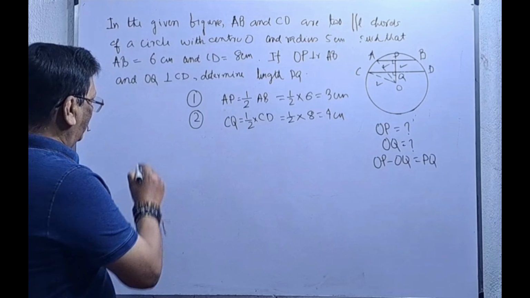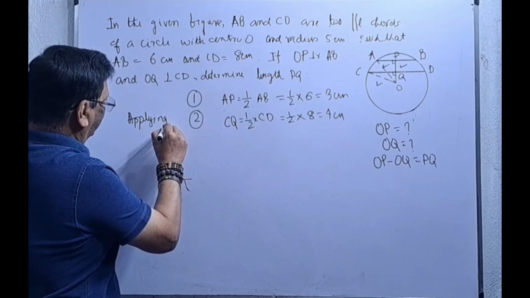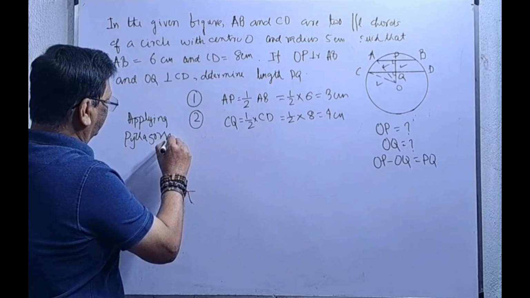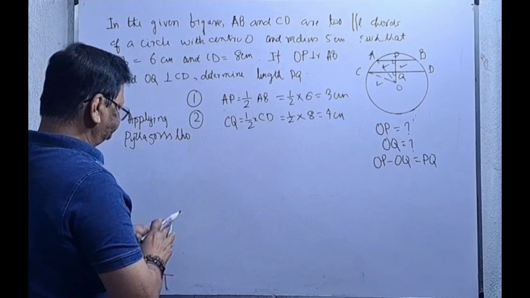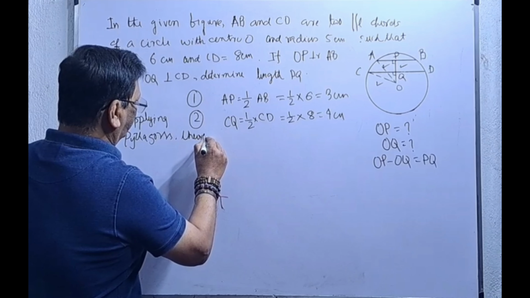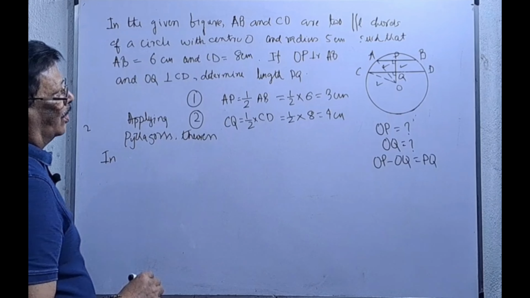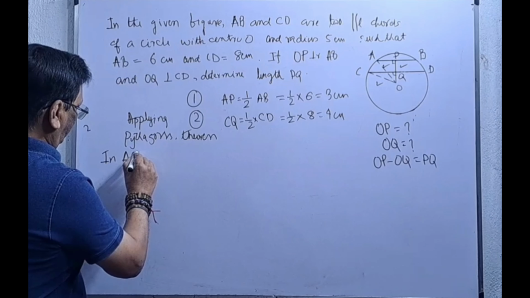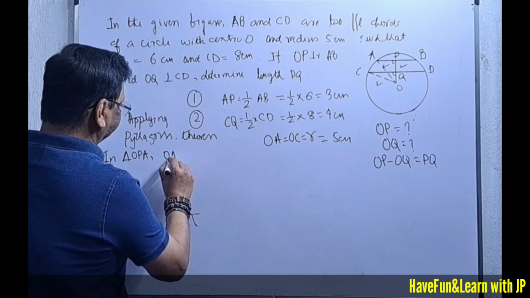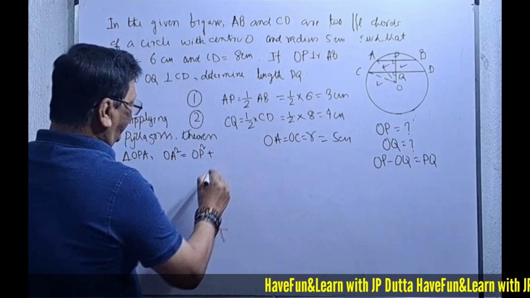Applying Pythagoras theorem in triangle OPA, we get OA square is equal to OP square plus AP square.